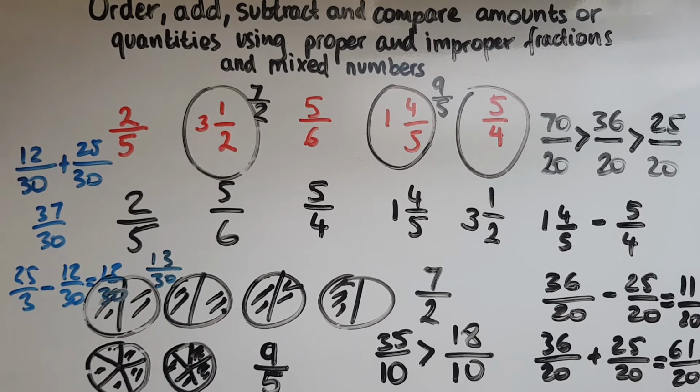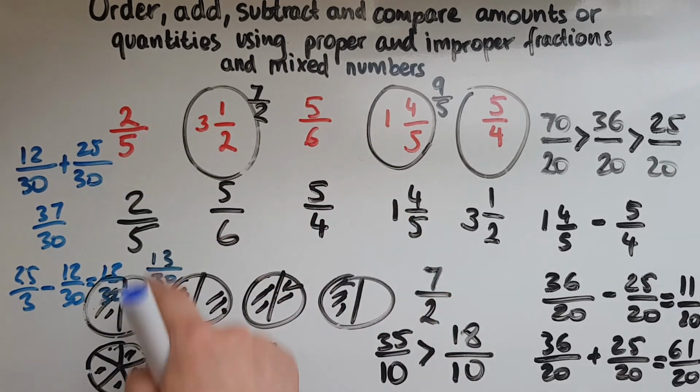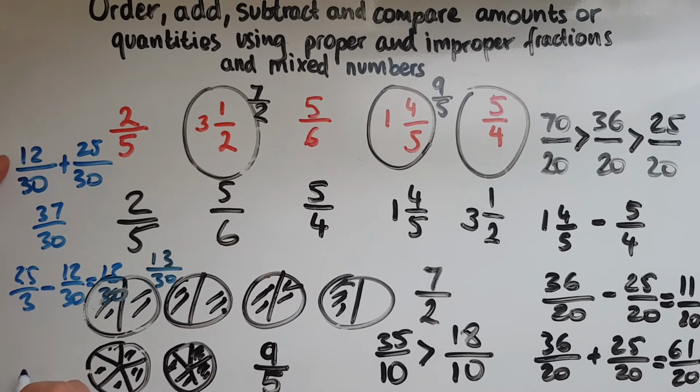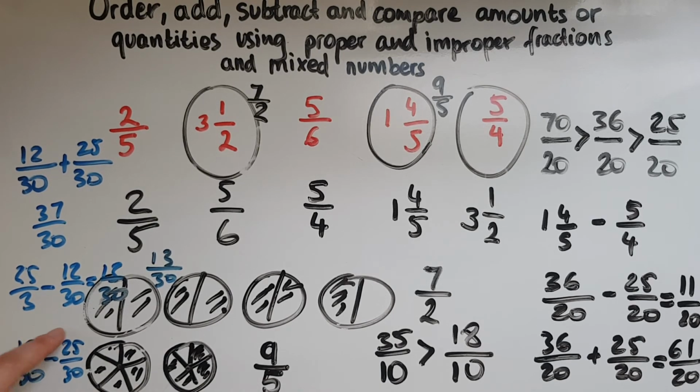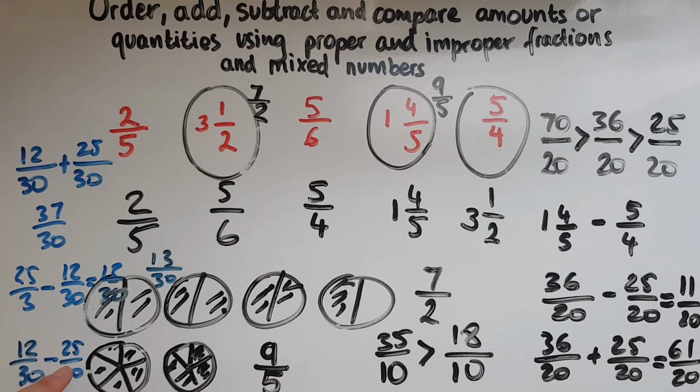Or if you want to subtract 5/6 from the 2/5, then 2/5 was the same as 12 out of 30, take away 25 out of 30. So if you do 12 take away 25, that gives us minus 13. So it's the same as doing 25 take away 12, 13, but negative. So minus 13 out of 30.